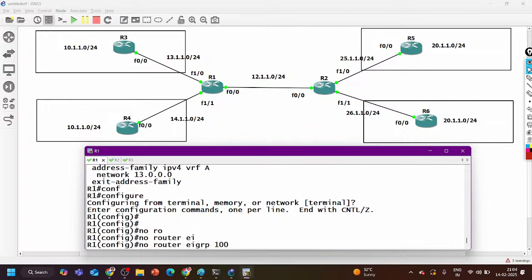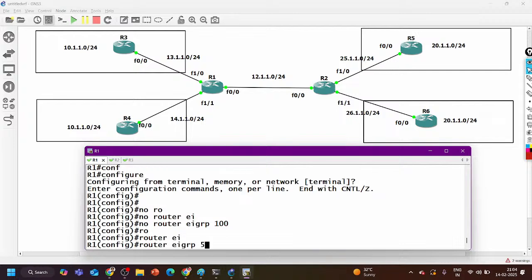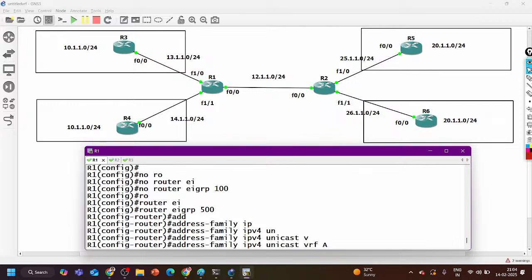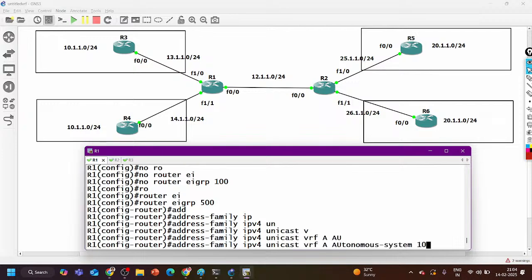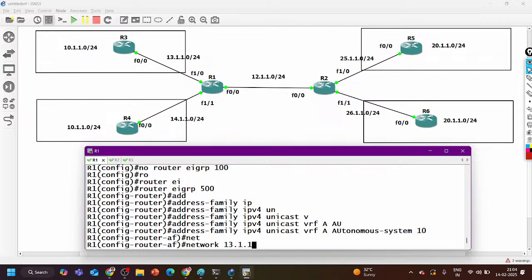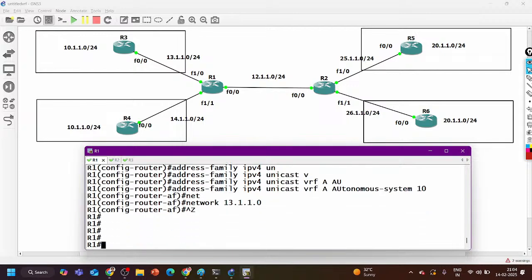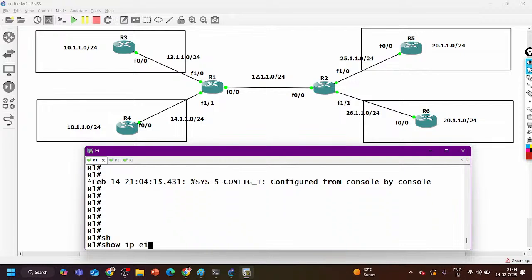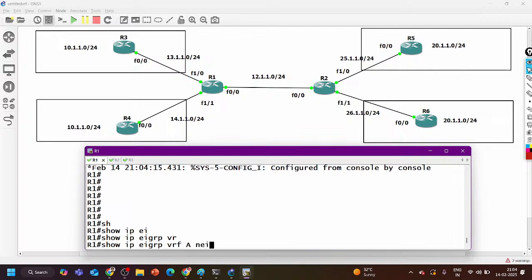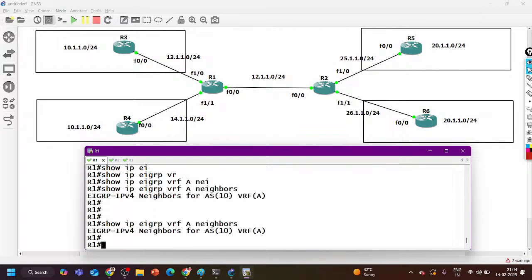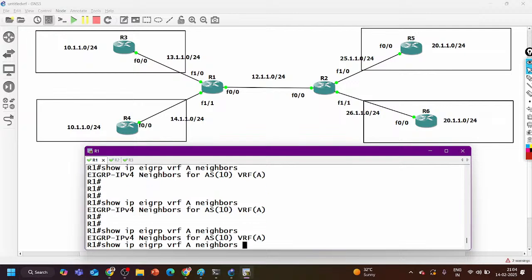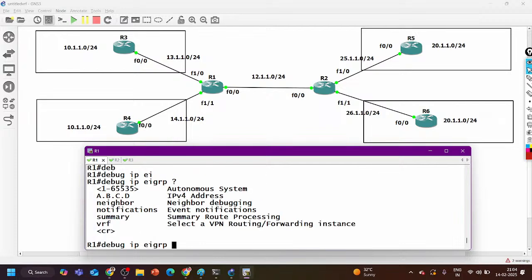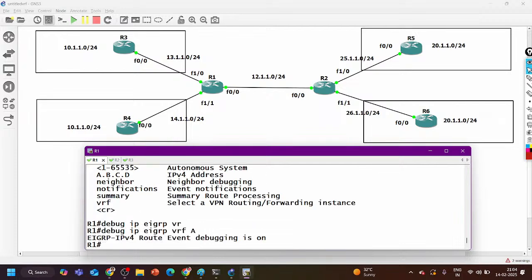Router EIGRP 500, address family IPv4 unicast VRF A, autonomous system number 100, and network 13.1.1.0. Now we will have EIGRP neighborship. So show IP EIGRP VRF A, and debug IP EIGRP VRF A.